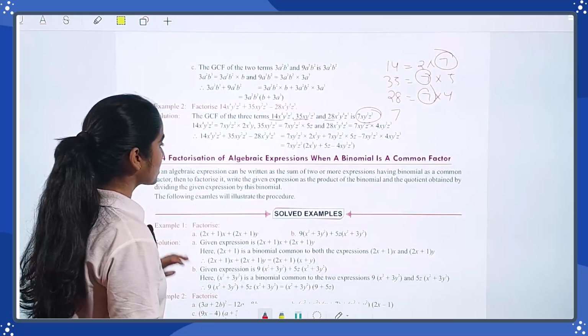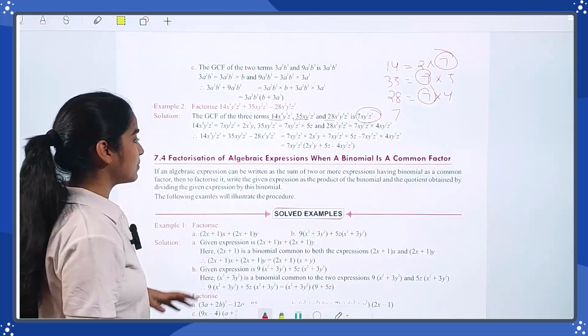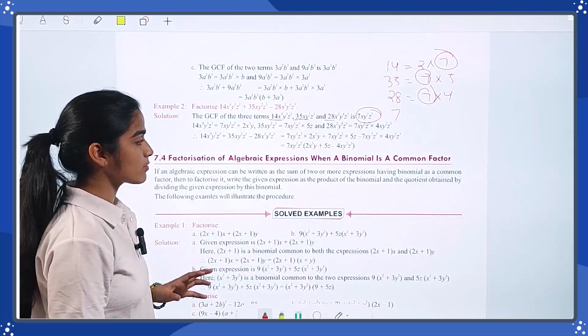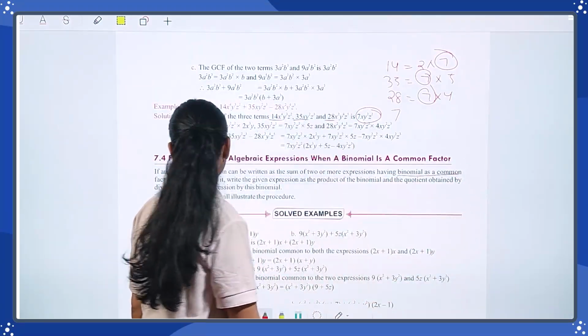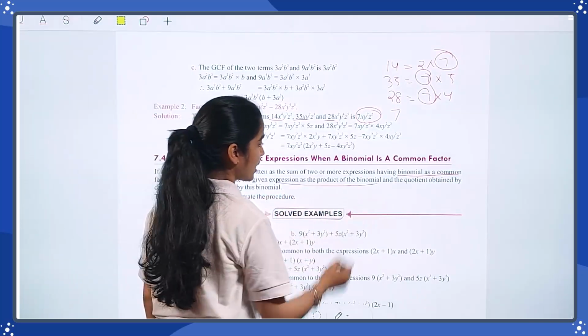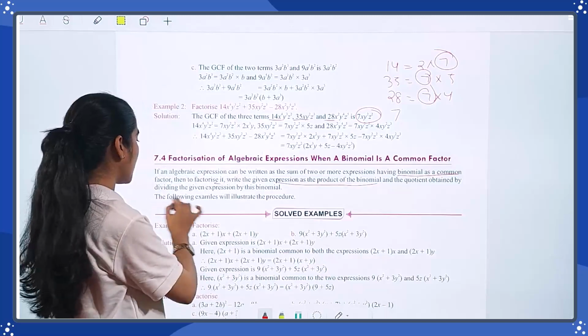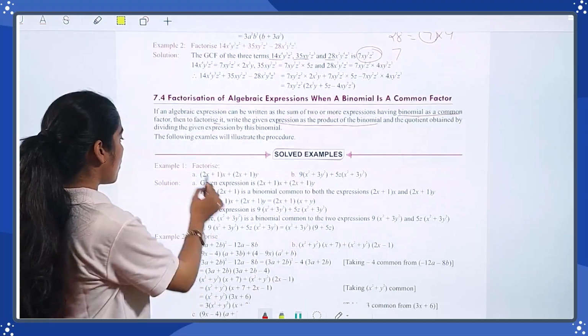Now, factorization of algebraic expressions when a binomial is a common factor. If an algebraic expression can be written as the sum of two or more expressions having a binomial as a common factor, then to factorize it, write the given expression as the product of the binomial and the quotient obtained by dividing the given expression by this binomial. Okay? Now factorize this.